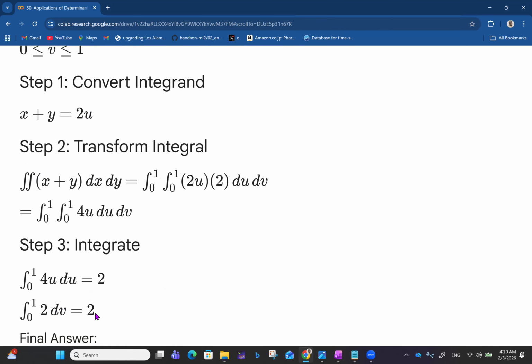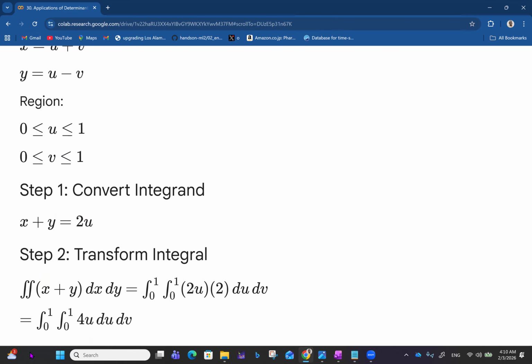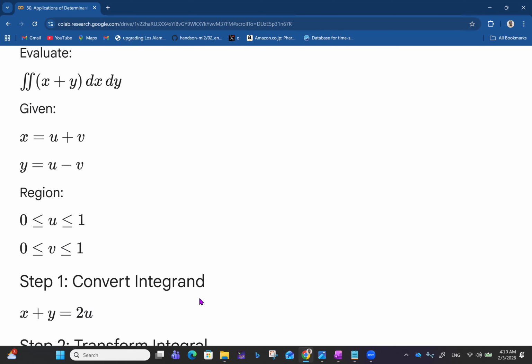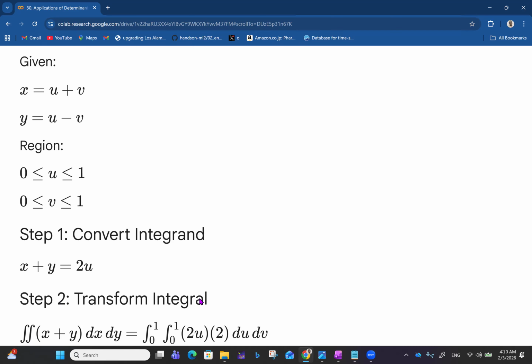Then you can transform the integral. So you have the double integral of x plus y dx dy equals the integral from 0 to 1, integral from 0 to 1 of 2u, since x plus y is 2u.